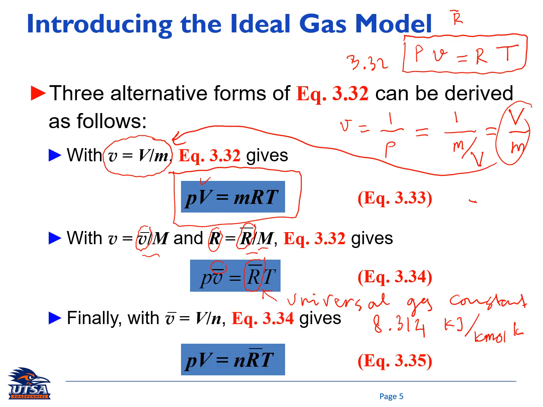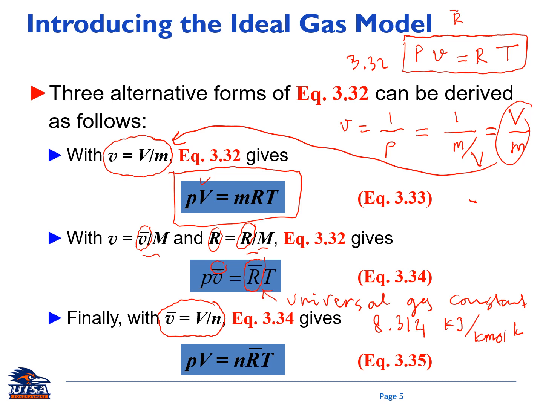The third form is when we use the formula that the specific volume on a molar basis equals the volume divided by N, where N is the number of moles.